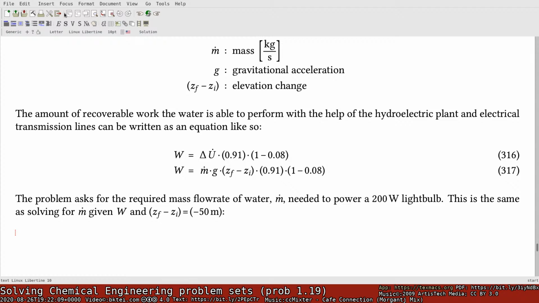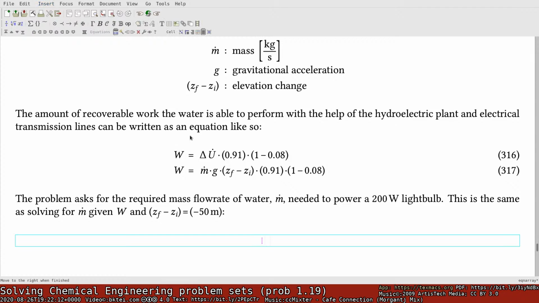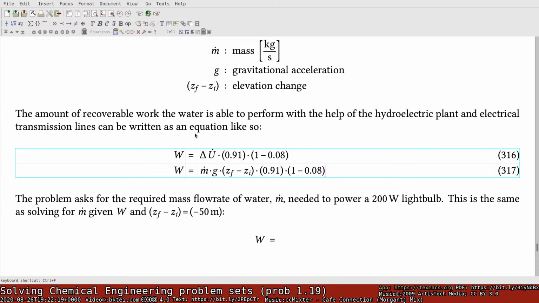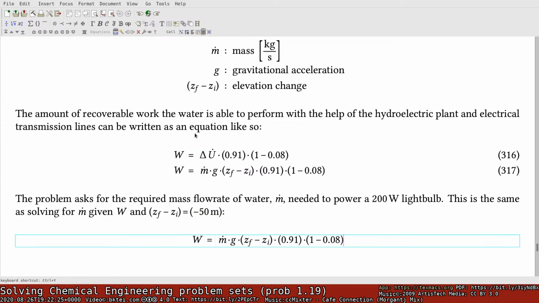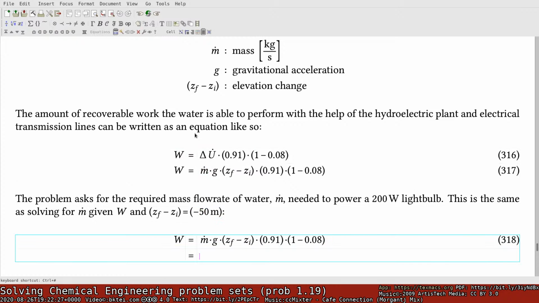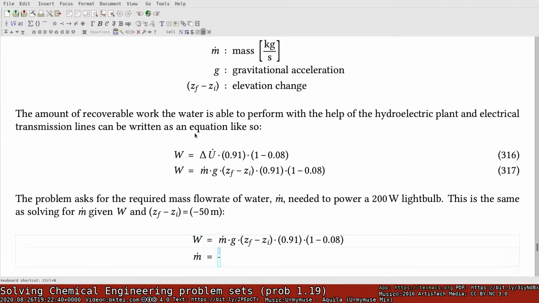And we'll just do a colon and say, all right, here we go. Several equations. Solve for m dot. M dot equals this big mess over W. Or does it?